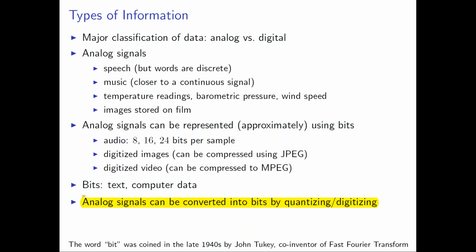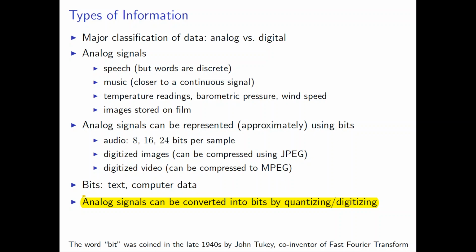So the major classification of data can be text, can be image, can be video, and at the end of the day, in a computerized system, all these different types of information can be represented in bits. So at the end of the day, data can be classified into analog or digital.